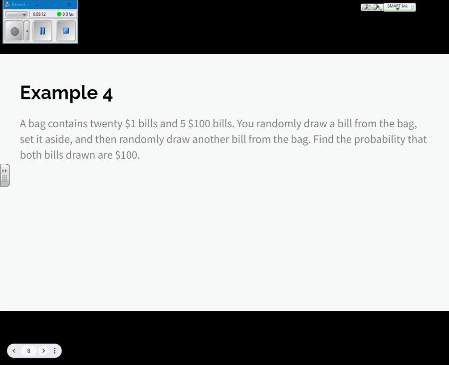And he says your name, we'll call you John. You get to draw 2 bills out of here. Well, I'm really hoping both of my draws are the $100 bills. What's the probability that I draw a $100 bill on both of those first draws?